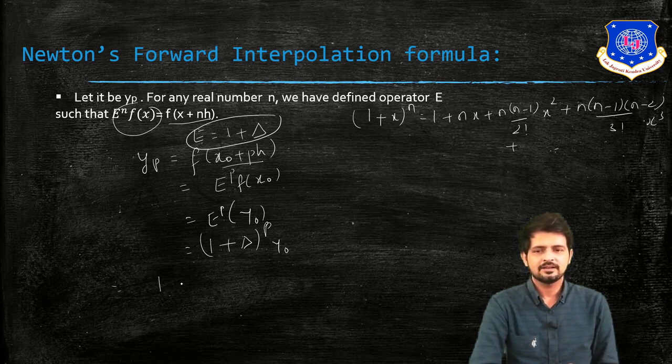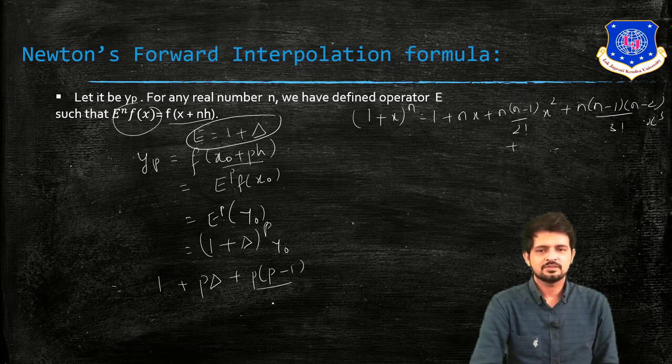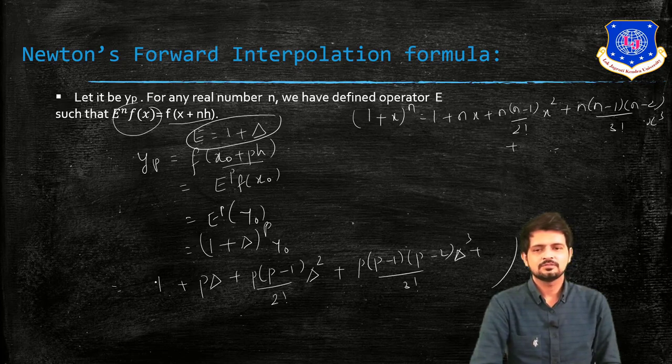So I can write 1 plus p del, plus p into p minus 1 upon 2 factorial into del square, plus p into p minus 1 into p minus 2 upon 3 factorial into del cube, and so on, and y0 is there in the bracket.